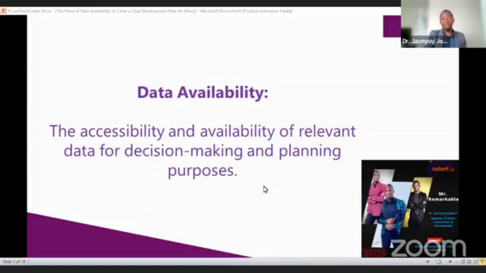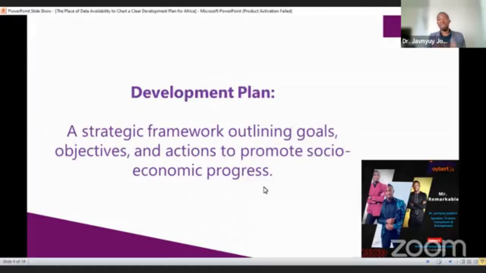Good. The second thing I want us to look at is the development plan. If you're somebody who reads a lot and tries to understand where the world is going, you understand that from countries to organizations, people, and even individuals, everyone would like to have a plan. Cameroon is talking about the 2035 emerging plan.